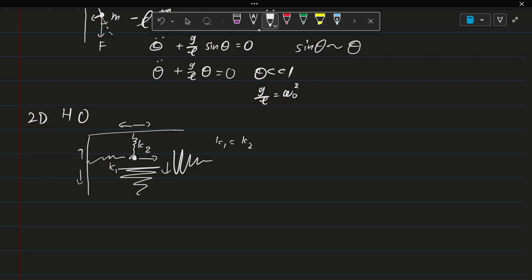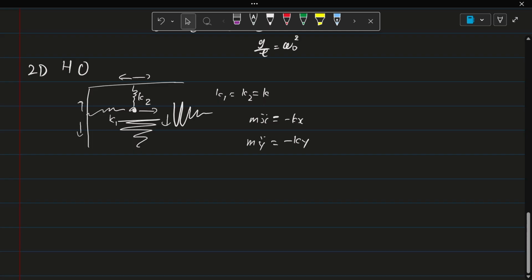We could just right away do m x double dot equaling negative kx and m y double dot equaling negative ky. And because K1 and K2 are the same, we could denote that to be k. We could simplify this straight away into two different equations of motion.